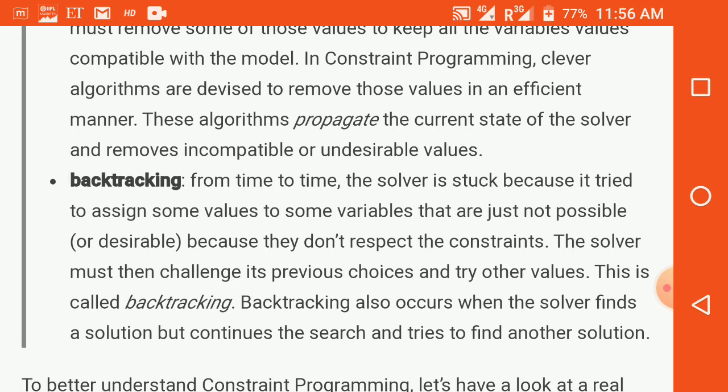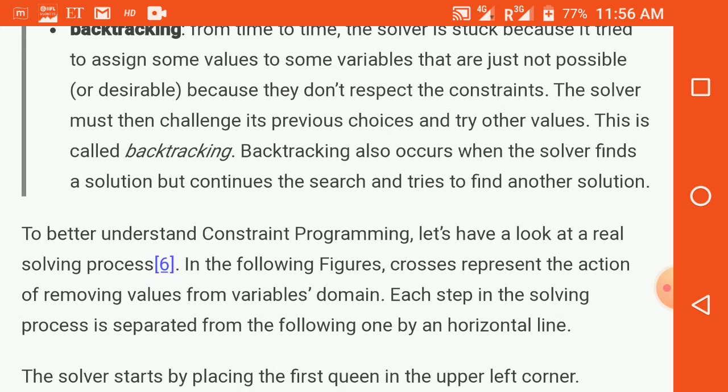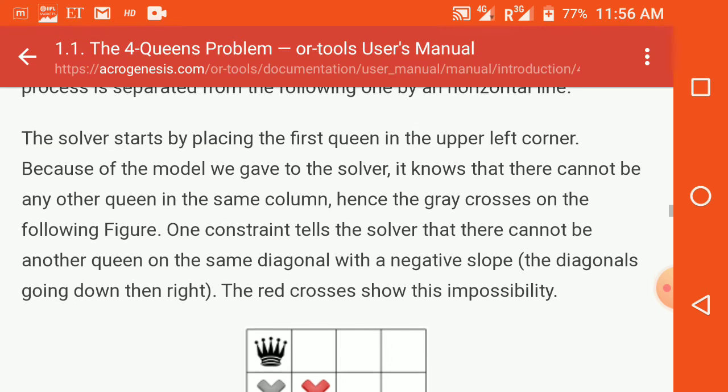The solver must then challenge its previous choice and try other values, and this is called backtracking. Backtracking also occurs when the solver finds a solution but continues the search to find other solutions. So I am going directly to that particular problem.